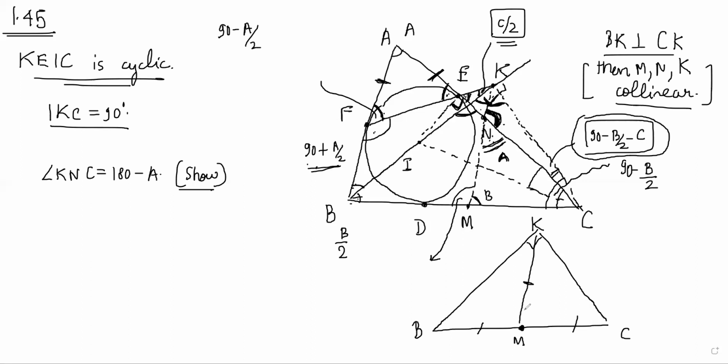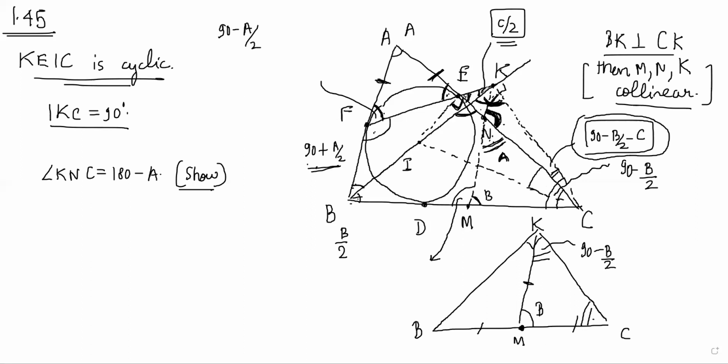So if this angle is B, we know this angle and this angle now. So we know everything. We know this top angle now, which we wanted to find. This top angle becomes 90 minus B by 2. Then only it will add up.